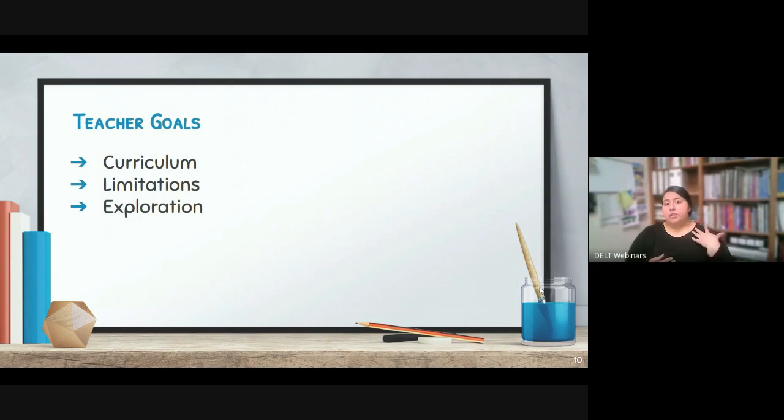I know a lot of us want to shoot for the moon, which is great, but we also have to be realistic and say, all right, I want to do this, but I can only do that. I never feel bad about those limitations. You can always do so much with what you're given, just as long as you're willing to do some exploration. There are so many websites, so many materials online that can help.